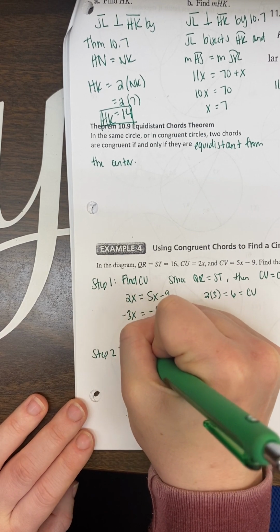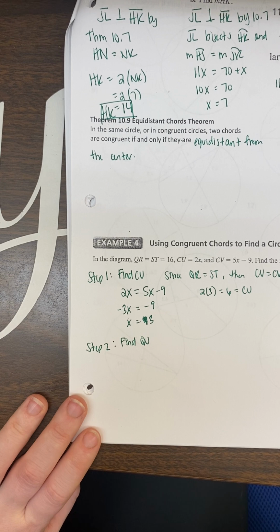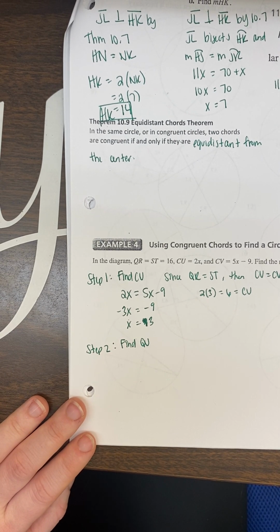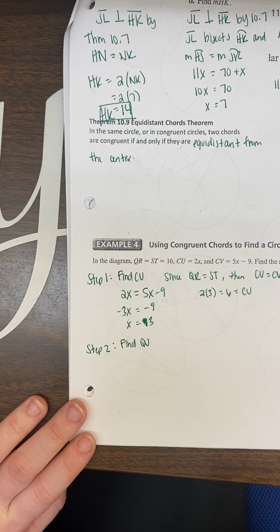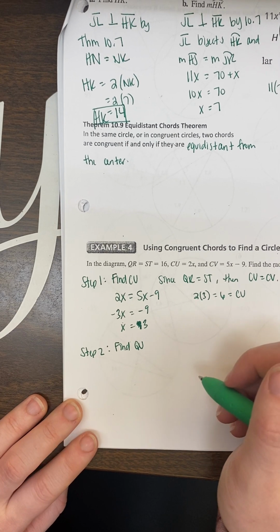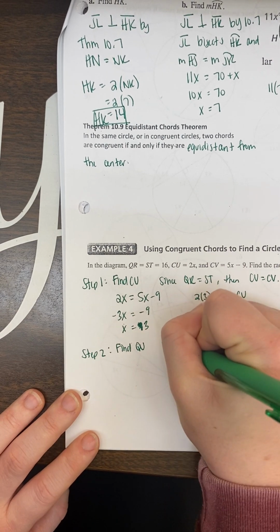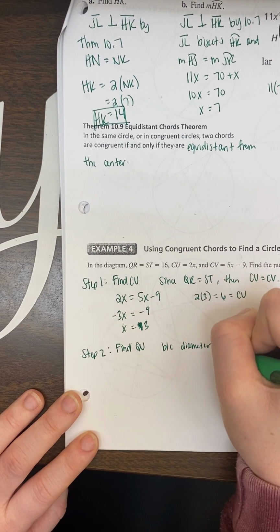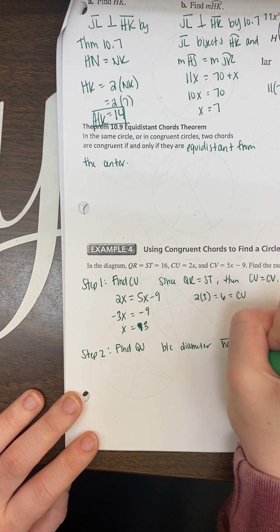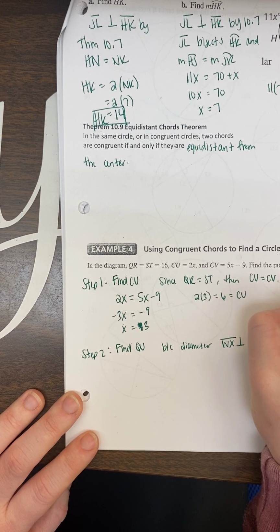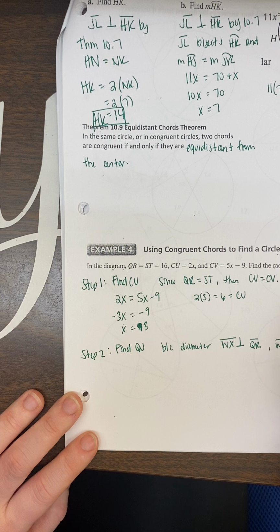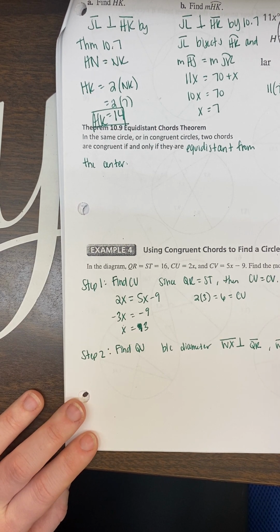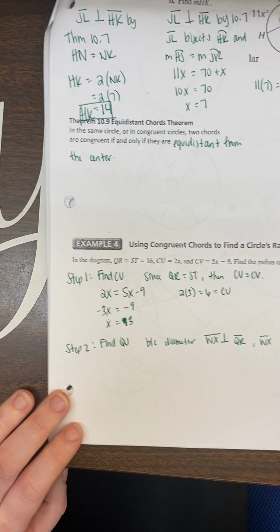The next thing I need to do is find QU. Because the diameter WX is perpendicular to QR, WX bisects segment QR by theorem 10.7.